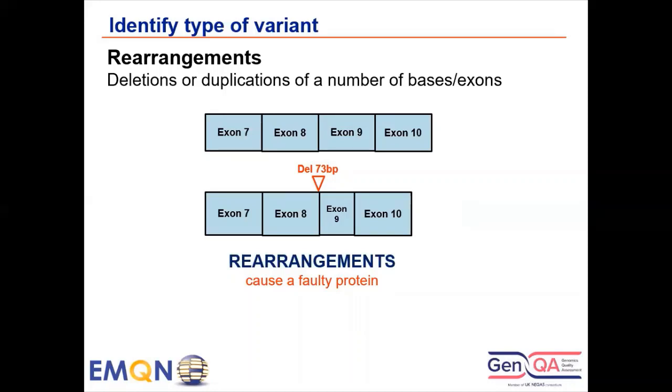You may miss large rearrangements, although in some populations they might be recurrent in the BRCA1 and 2 genes, and they may lead to a faulty protein.